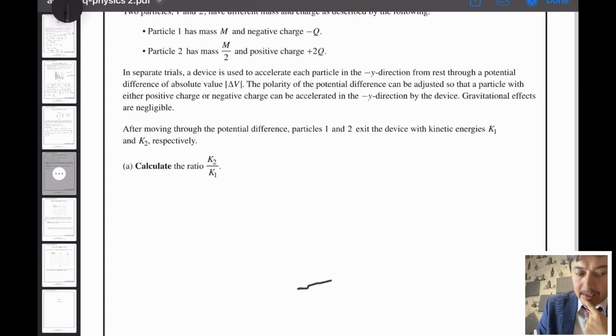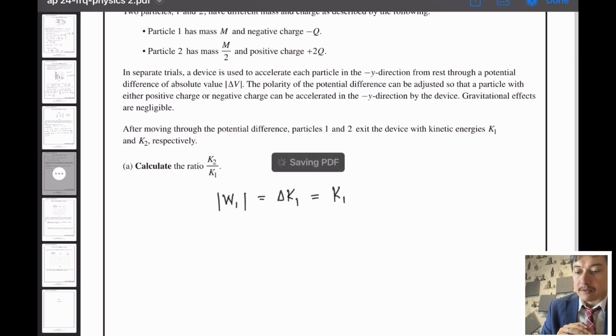So here we can say that work done, let's say absolute value, let's get rid of the negative and positive signs. Absolute value of work done on the first particle is going to be the gain in the kinetic energy of the first particle.